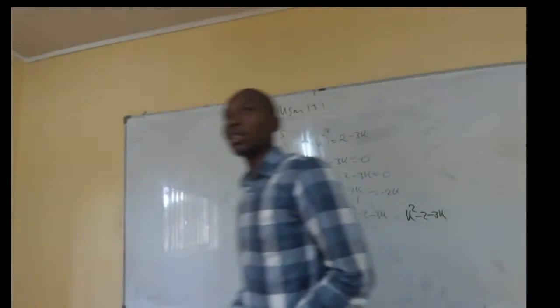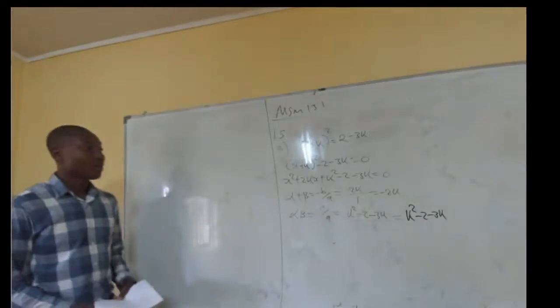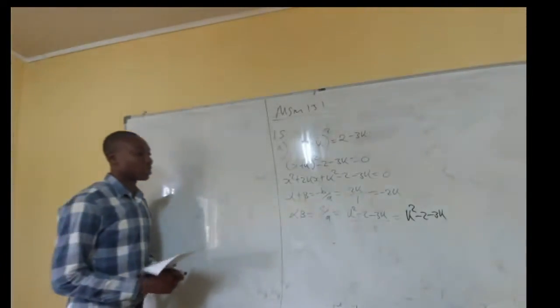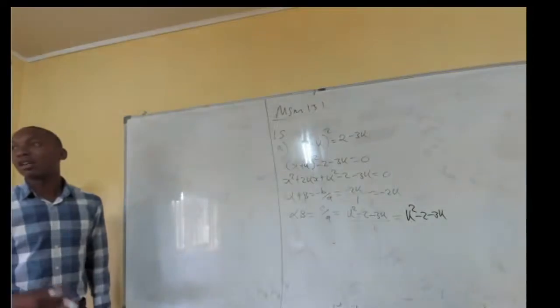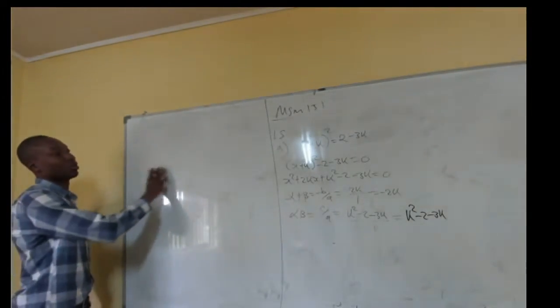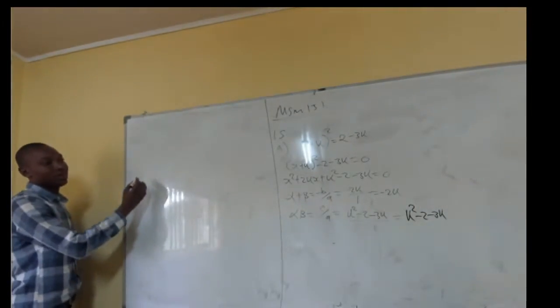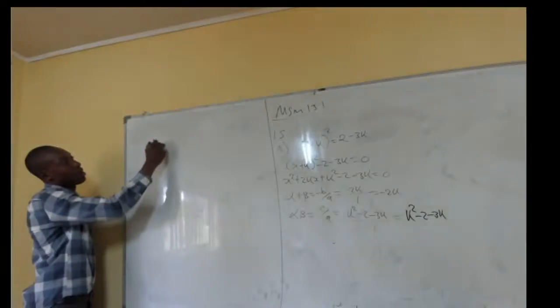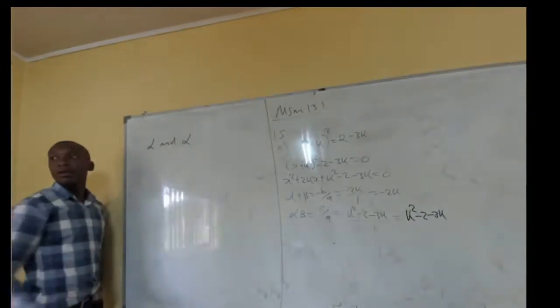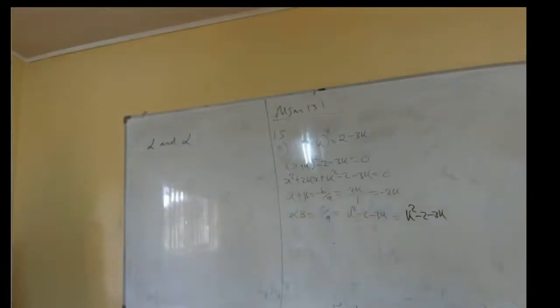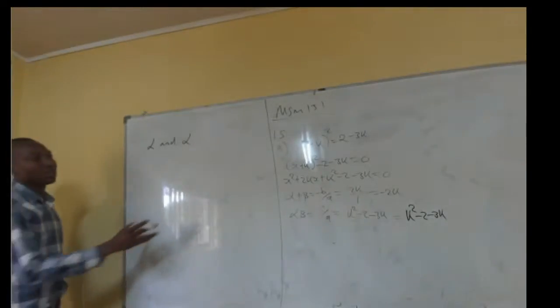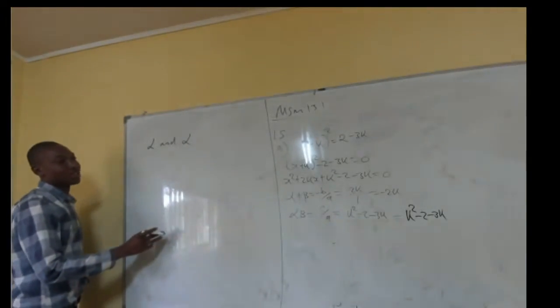Because it has equal roots, we're no longer dealing with alpha and beta, but with alpha and alpha. So alpha and alpha are the two roots in question. Whenever there's beta, I'm going to replace it with alpha.